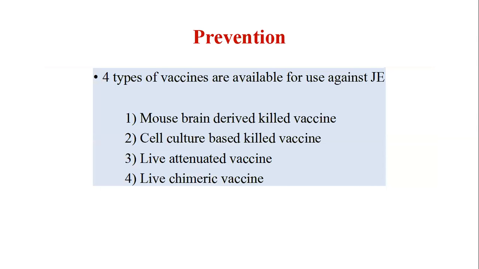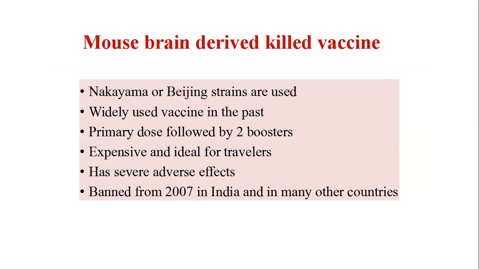So prevention: 4 types of vaccines are available for JE. One is the mouse brain derived killed vaccine, then the cell culture based killed vaccine, the live attenuated vaccine, and the live chimeric vaccine. These are the 4 vaccines available in the market for JE. For the mouse brain derived killed vaccine, Nakayama and Beijing strains are used.